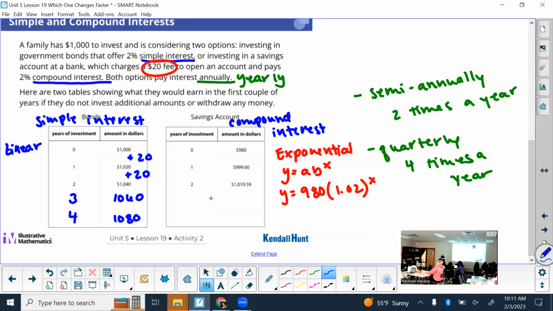So then table 6, in year 3, what would we have? All right, if you got something different, make sure you're taking the previous number, multiplying it by 1.02. Table 7, what would it be in year 4?